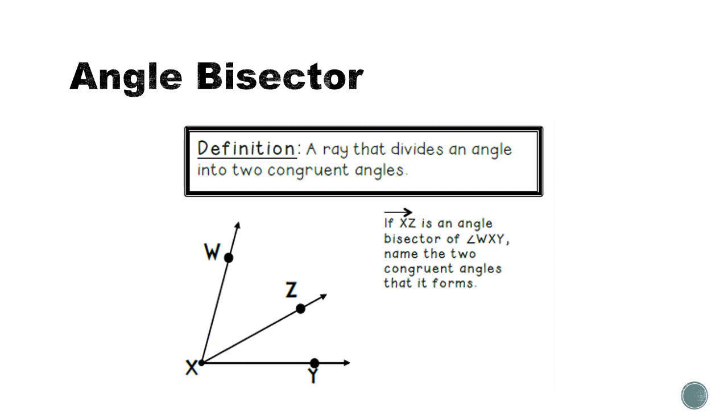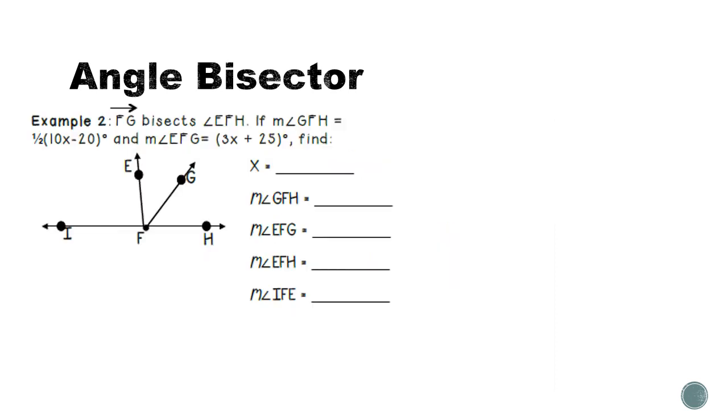The other way is if there's a little tick mark that way, that also means they are congruent. Or if there are two tick marks, something like that. Anytime you see the same symbol in both corners here, that means they are congruent, which implies that ray XZ would be the bisector of angle WXY.